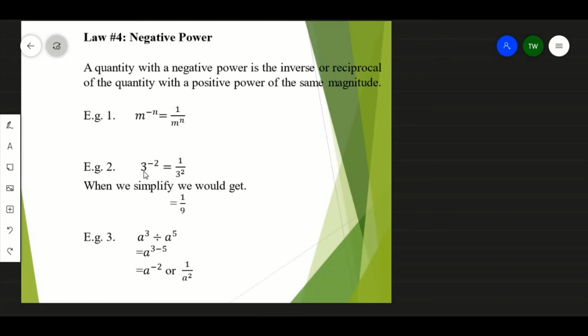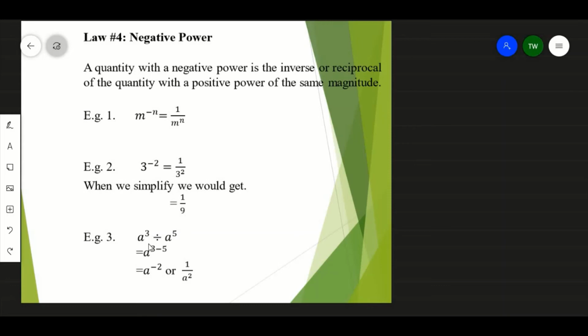Let's look at example 2. Here we have 3 to the negative 2. This is going to equal 1 over 3 to the positive 2. And when we simplify, we would get 1 over 9. Example 3, we have a to the 3rd power divided by a to the 5th power.